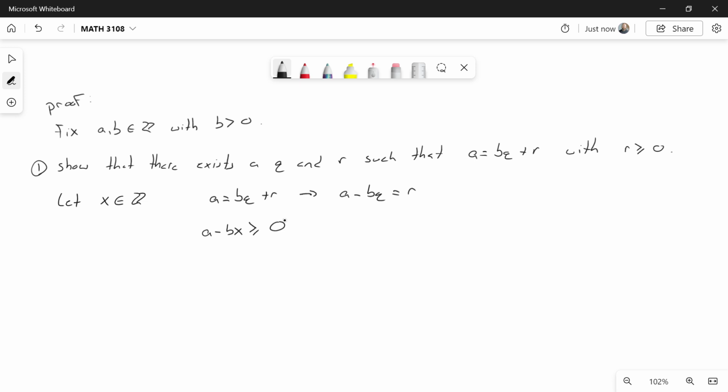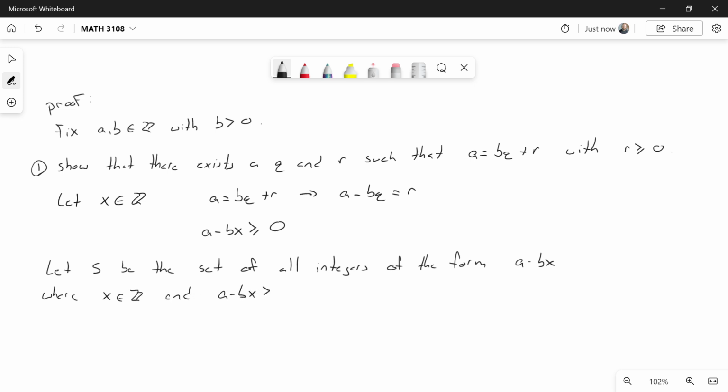So let S be the set of all integers of the form a minus bx, where x, again, is an integer and a minus bx is greater than or equal to 0.